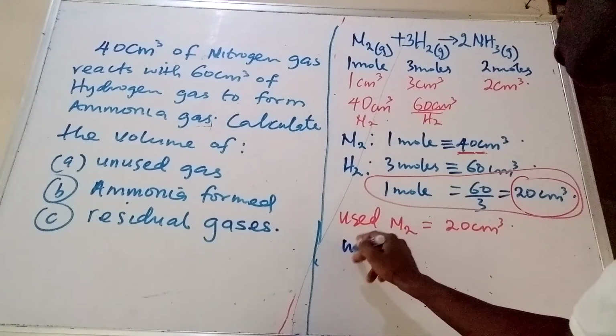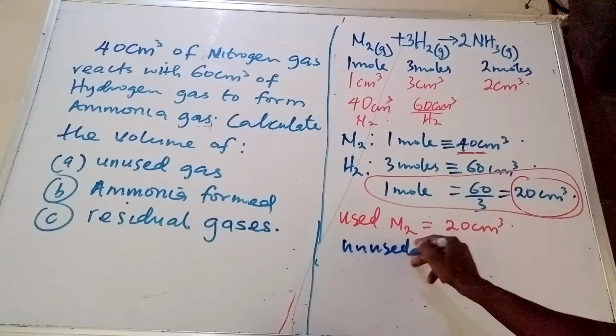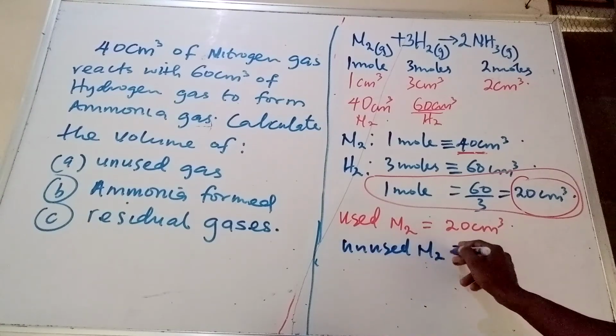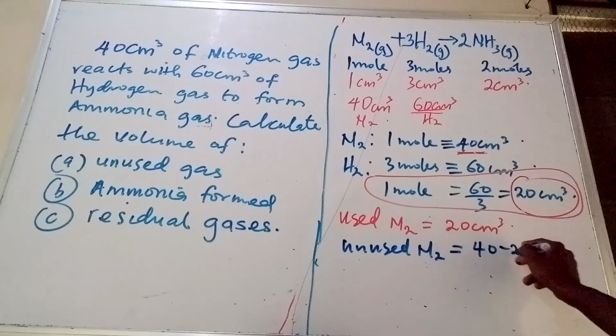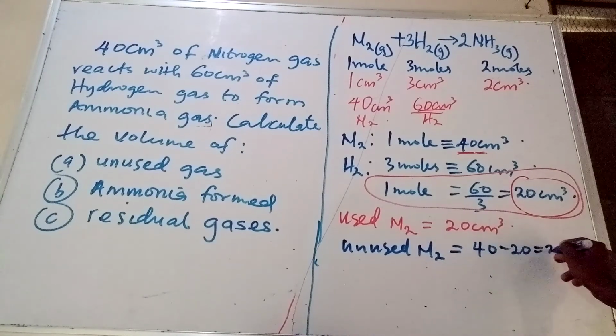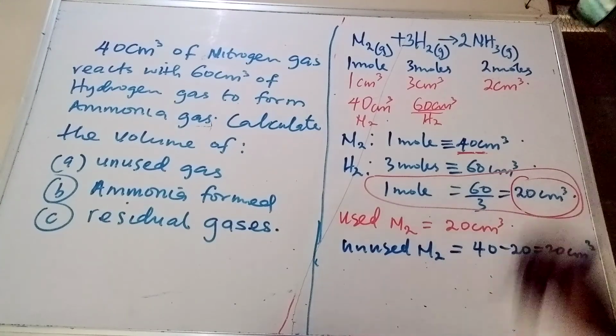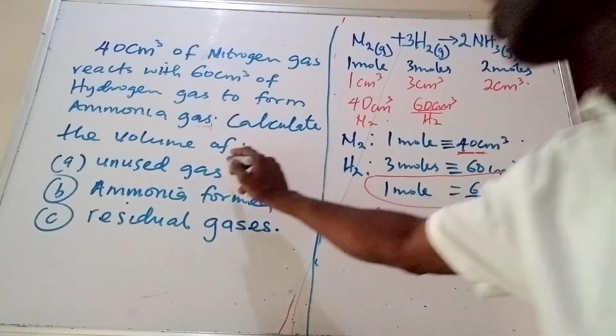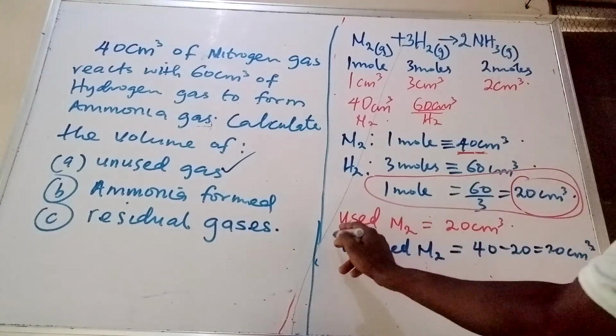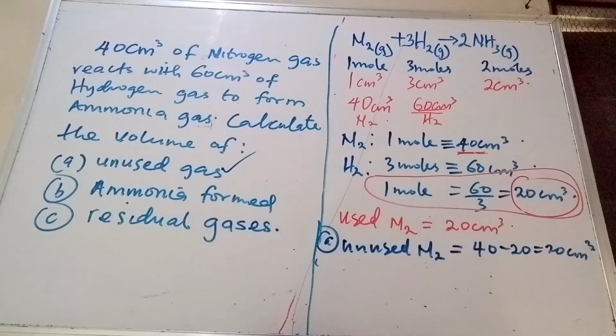So that means out of 40 cm cube of nitrogen that we are given, only 20 is used. So unused nitrogen will be 40 minus 20, which is 20 cm cube. That means we have answered question A, because that is the unused one.